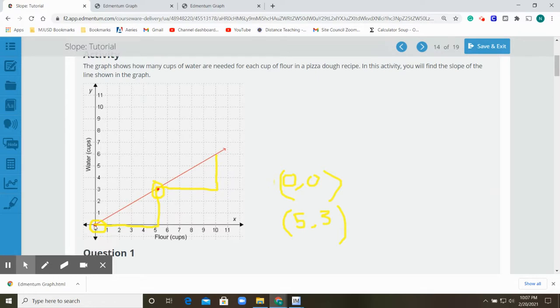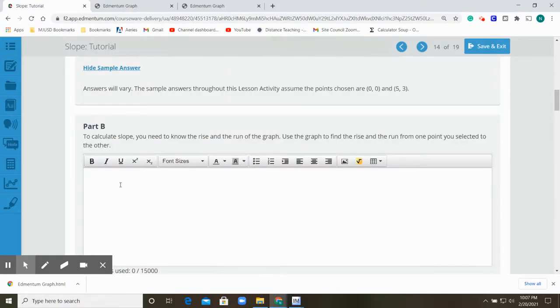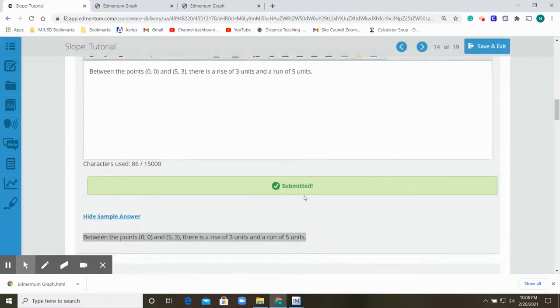So we have a rise of 3 and a run of 5. So between the points 0, 0 and 5, 3, there is a rise of 3 and a run of 5 units.